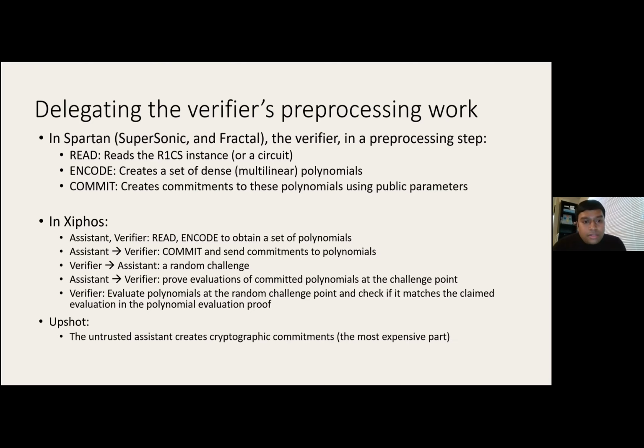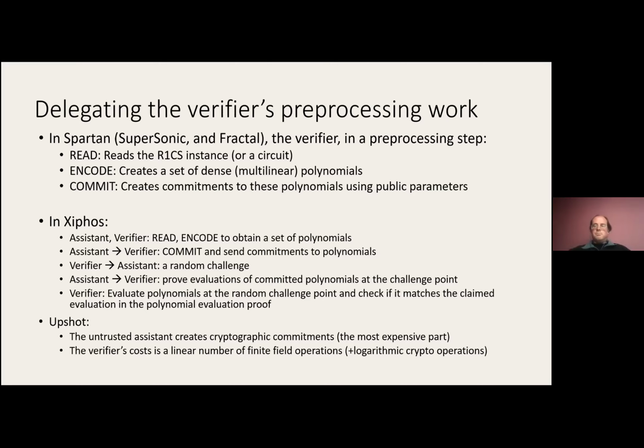And the upshot here is that the untrusted assistant creates cryptographic commitments, which is the most expensive part. And the verifier's cost is a linear number of finite field operations and the cost to verify the polynomial evaluation proof, which is just a logarithmic number of cryptographic operations. And we think this technique applies to most of the other universal SNARKs out there to reduce pre-processing cost to the verifier.